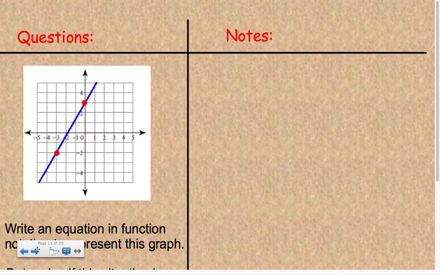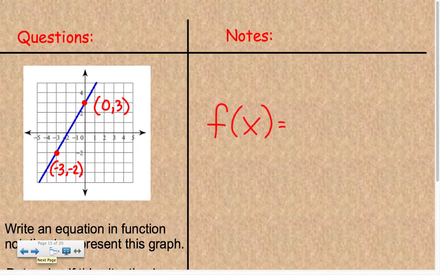The coordinate points in this example are (-3, -2) and (0, 3). f(x) equals, count my slope: rise 1, 2, 3, 4, 5, run 1, 2, 3. So 5/3.